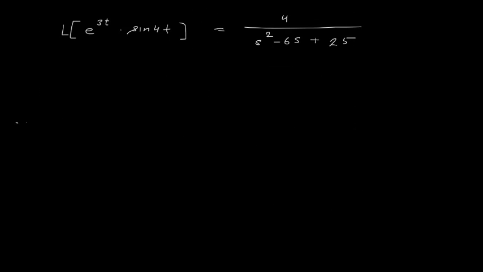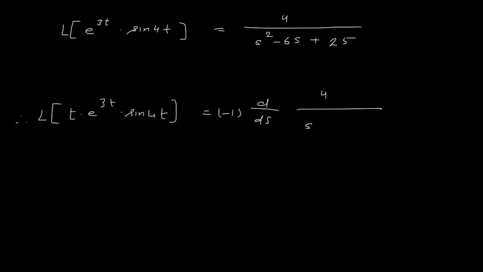Therefore, Laplace of t into e power 3t into sin 4t, I have to differentiate, so the answer is minus 1 into d upon ds into 4 upon s square minus 6s plus 25.